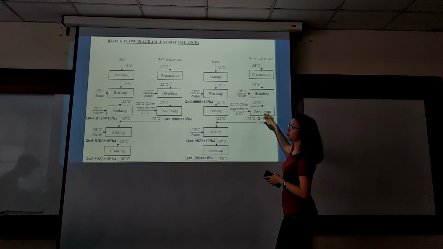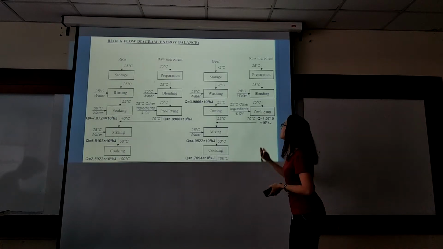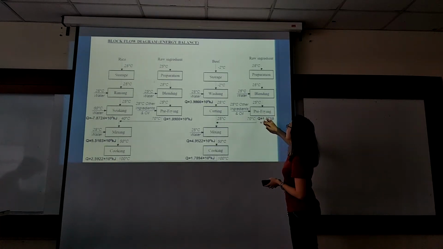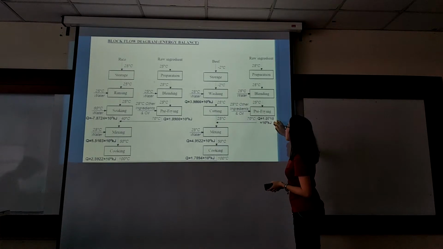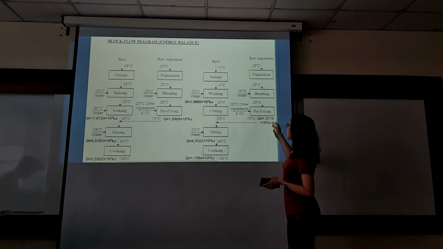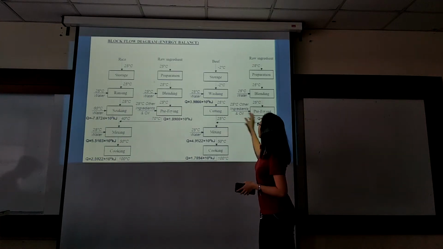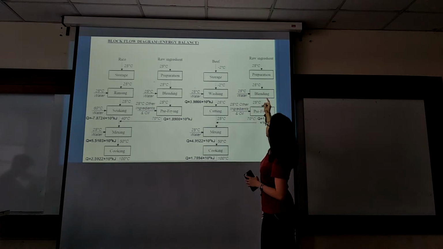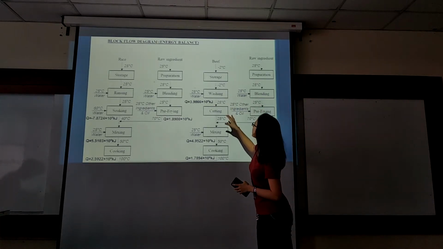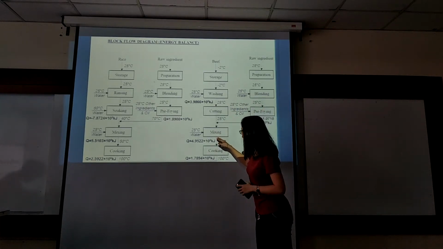For pre-frying, it requires heating. So the energy required here is 1.0710 times 10^5 kJ during the pre-frying process. After pre-frying of the ingredient, and after the process of beef, it will undergo the mixing process.